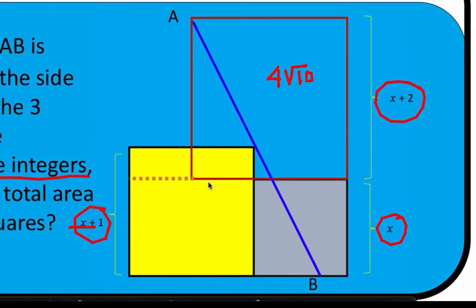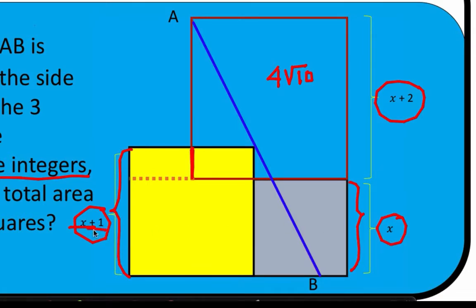Now let's extend this side, and we have this dashed line. If we know that this length is x units, and this length is x plus 1 units, then it follows that this length here must be the difference of x plus 1 and x.